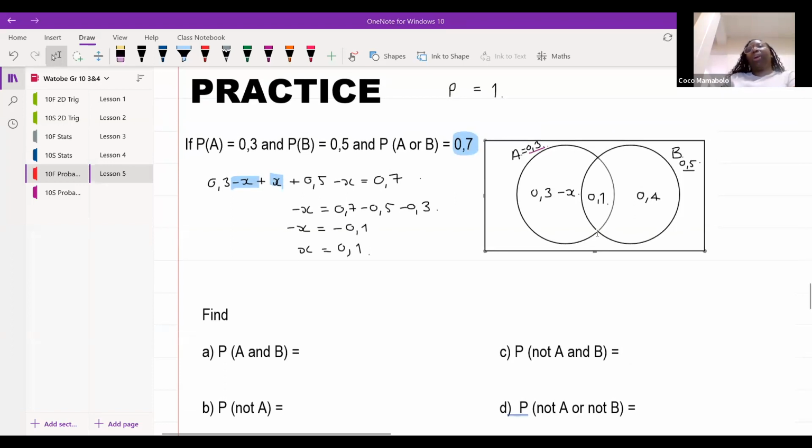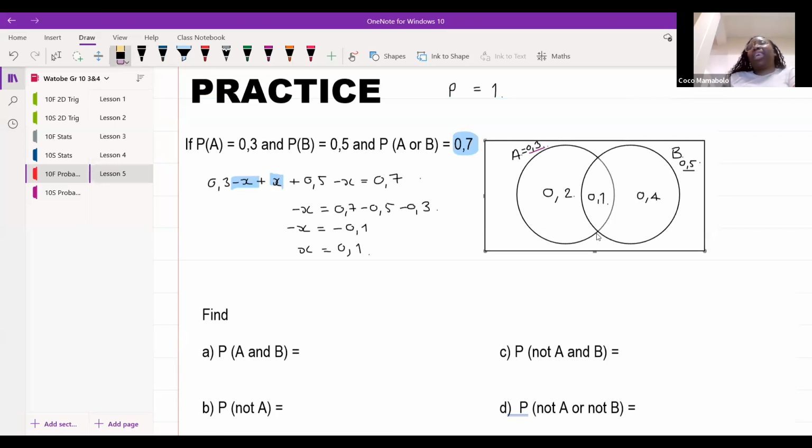Okay, excellent. What about this side over here, guys? This side over here says 0,3 minus X. So A then needs to equal, correct, Mfundo, 0,2. Good. But remember, guys, the probability of the whole sample space must equal 1.